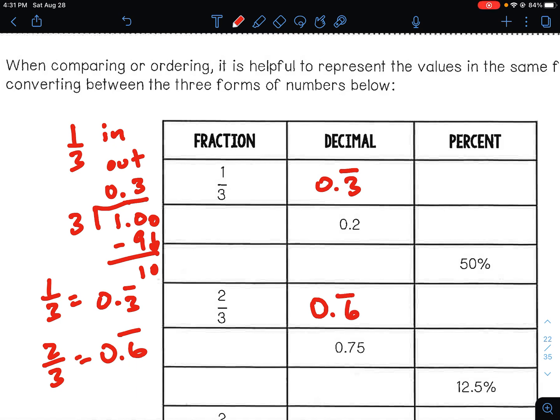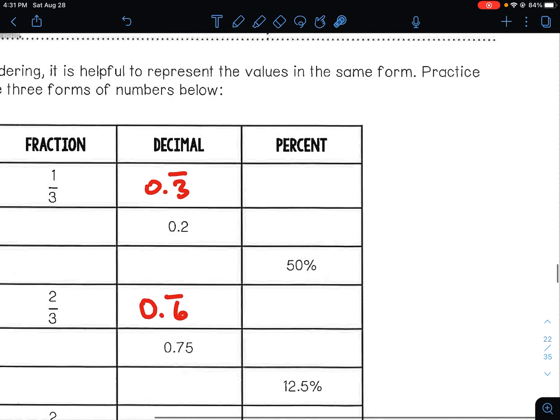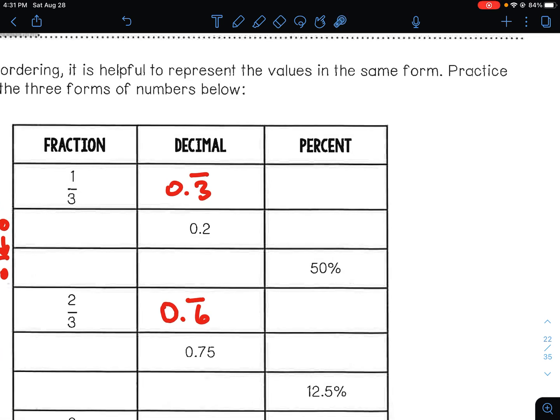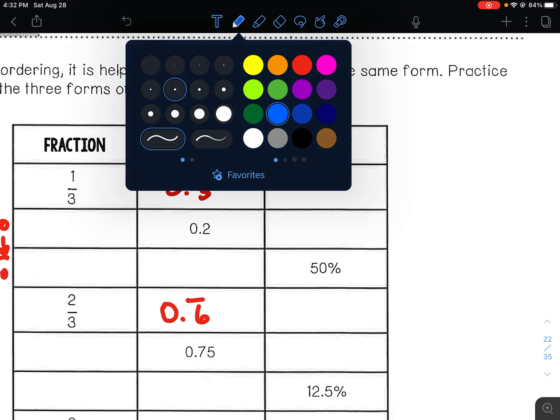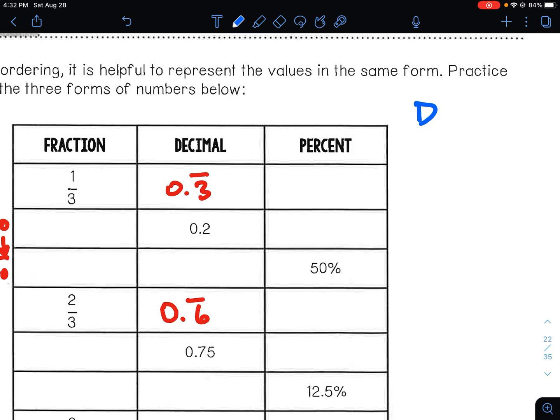Okay. We'll talk about the percents afterward, but actually, we might as well talk about it now. So let's take a look at how we turn a decimal to a percent. That one's easy. There's something you may have learned, it's called DIP, and this means decimal into percent.